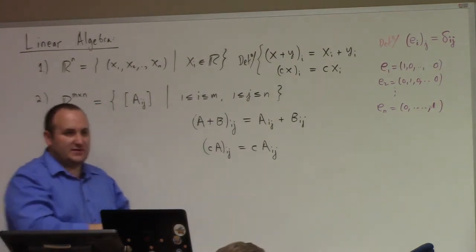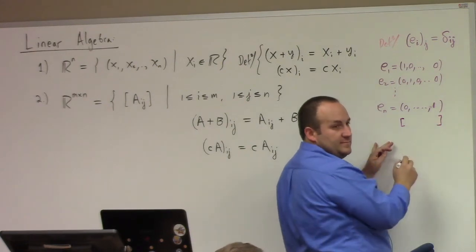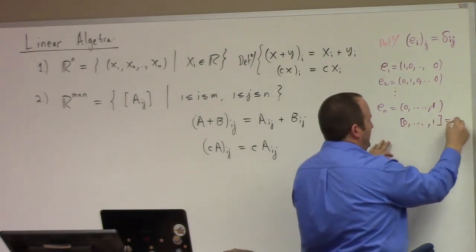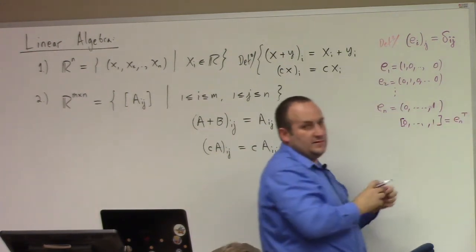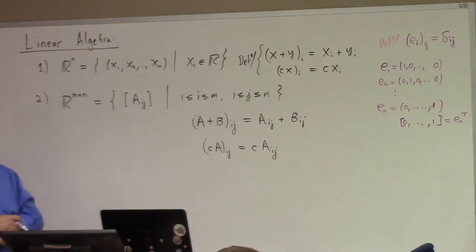If I want an honest-to-goodness row vector, I write this, which would be equal to En transpose, as a point of order. It's easy to prove that those form a basis for Rn. They're linearly independent. They span.